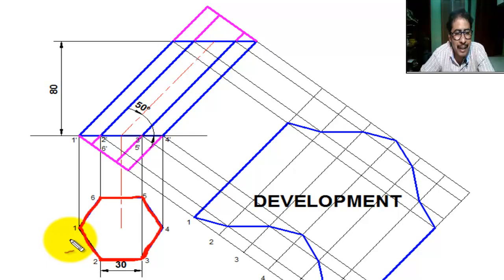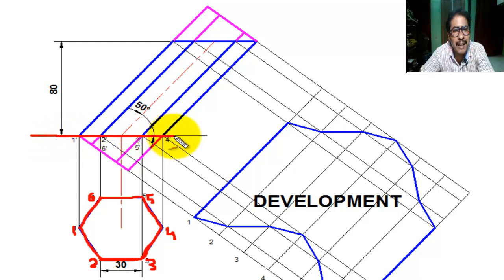Then mark the corners: this is 1, this is 2, this is 3, this is 4, this is 5, this is 6. Draw the XY line.